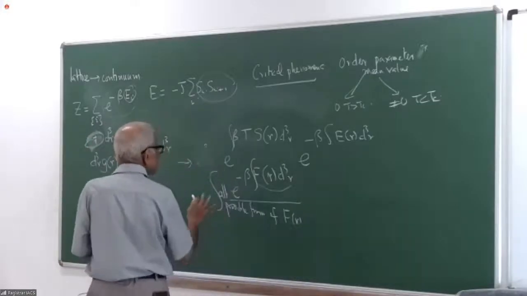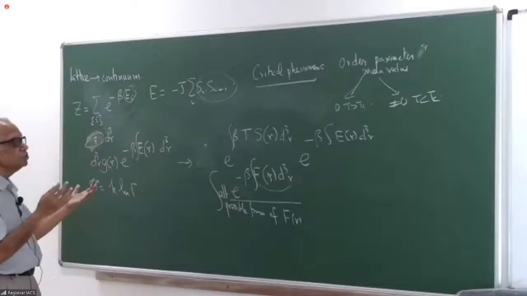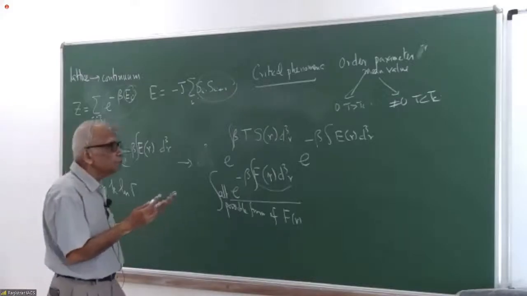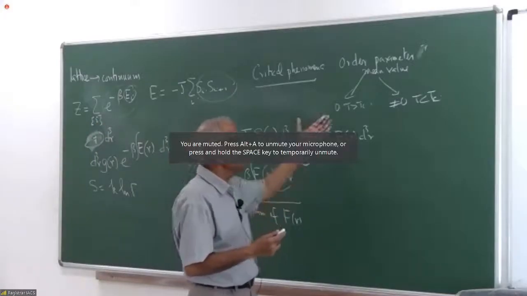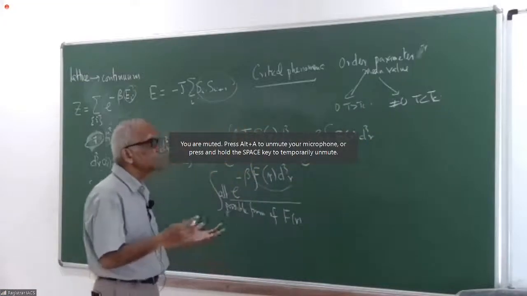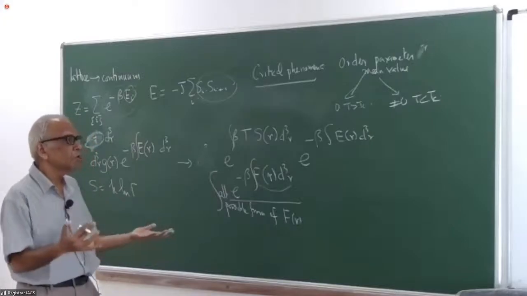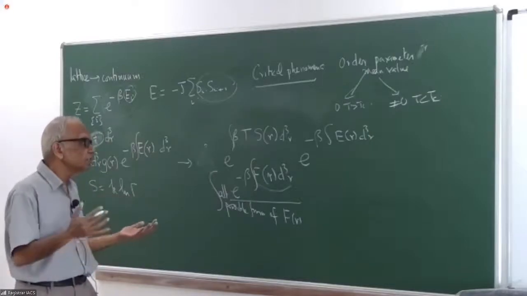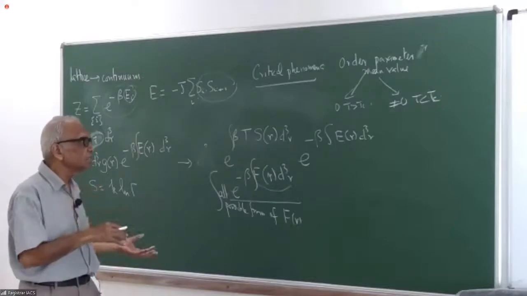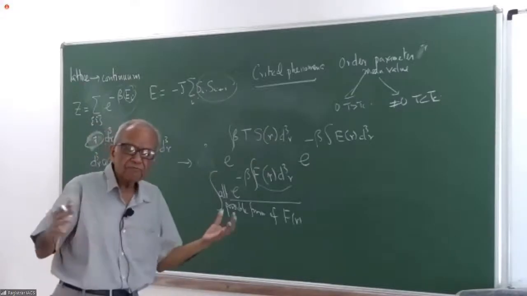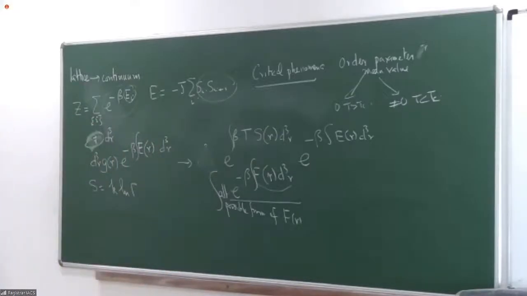And the free energy is to be expressed in terms of the order parameter. Now the point is that you can make an expansion, because at T equal to Tc, or T above, it is going to be small. Very close to Tc, the expectation value of this order parameter, whether it is the magnetization or something else, is small. It is zero above Tc and small below Tc.